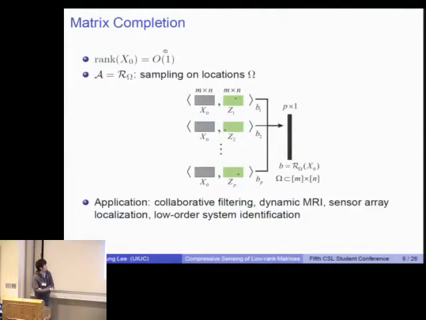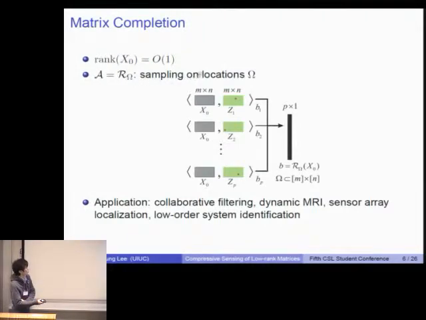Matrix completion refers to the problem described in this framework. Usually we assume that the rank of the unknown remains constant regardless of the size of the problem, and the linear operator is given as sampling on locations given by a subset omega.